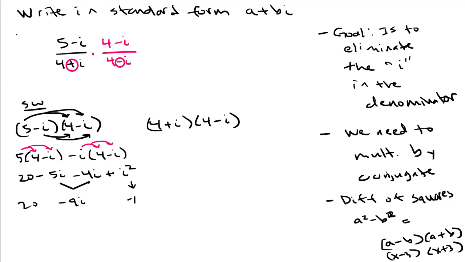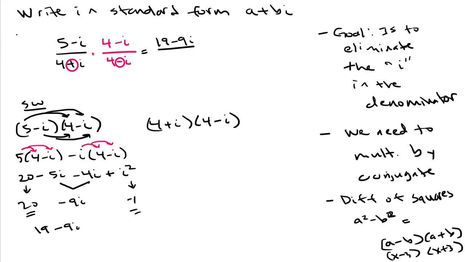I still have the 20 to bring down. Then I combine like terms: I have a 20 here and a minus 1 here, so that gives me 19. And I still have the minus 9i left over. So that's what goes on the top: 19 minus 9i.